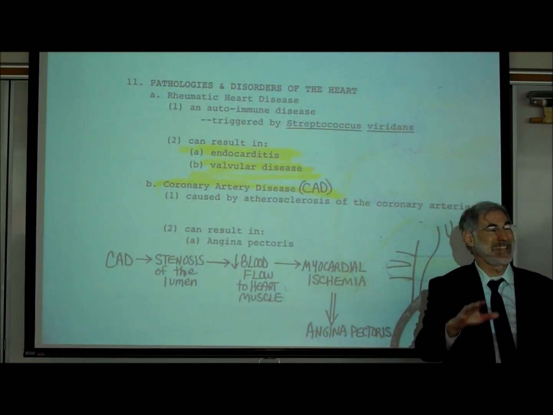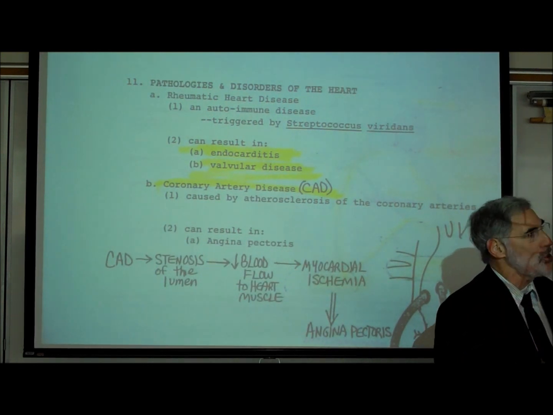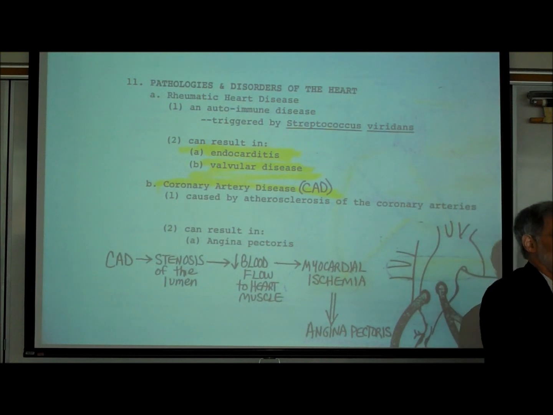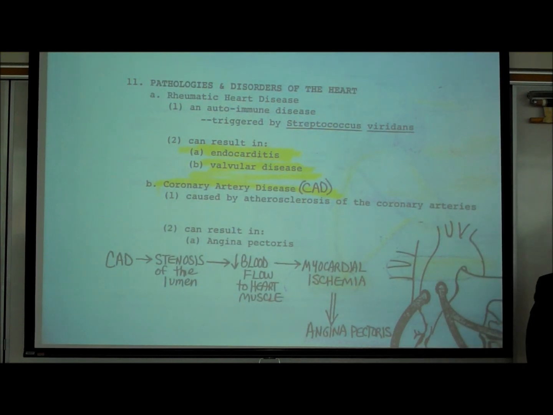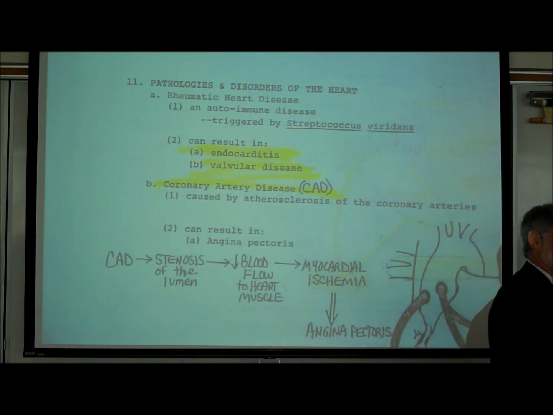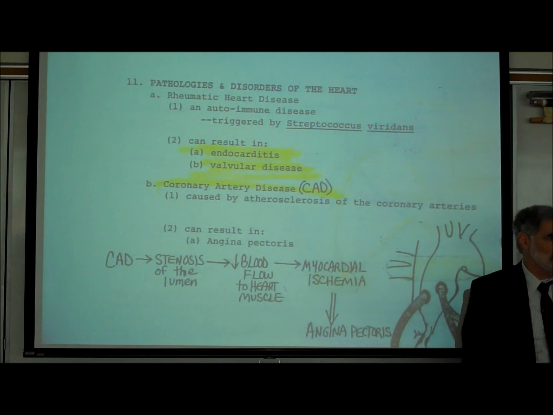That was even written into the California State Code, which means that if a dentist failed to pre-medicate the patient with an antibiotic, they could have grounds for suing. The patient could sue the dentist because they had put them at increased risk of having another attack on the valves of their heart.